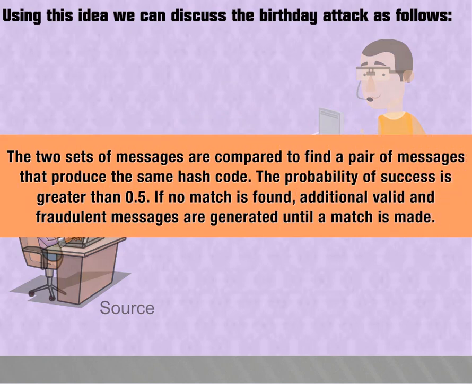The two sets of messages are compared to find a pair of messages that produce the same hash code. The probability of success is greater than 0.5. If no match is found, additional valid and fraudulent messages are generated until a match is made.